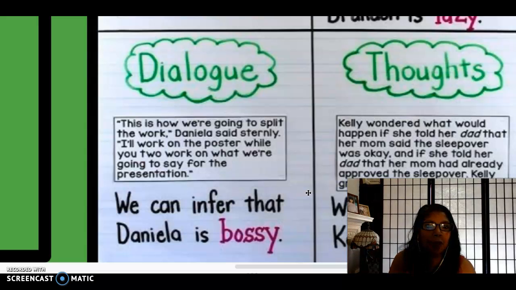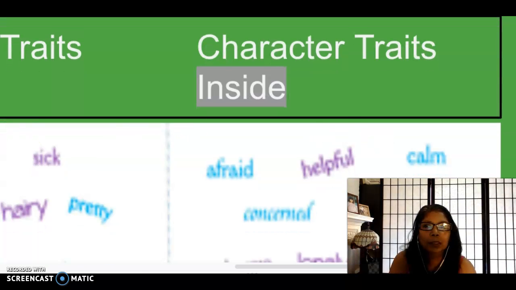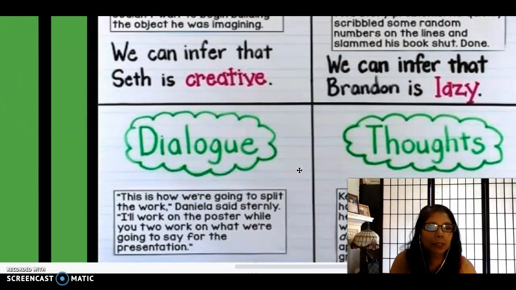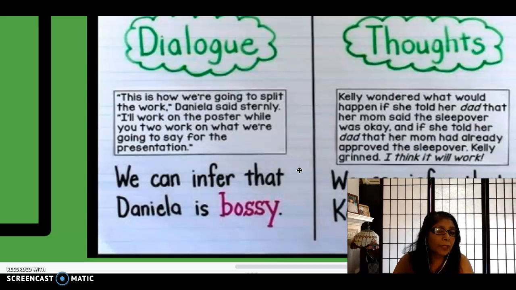Let's look at thoughts. Kelly wondered what would happen if she told her dad that her mom had said the sleepover was okay, and if she told her dad that her mom had already approved the sleepover.